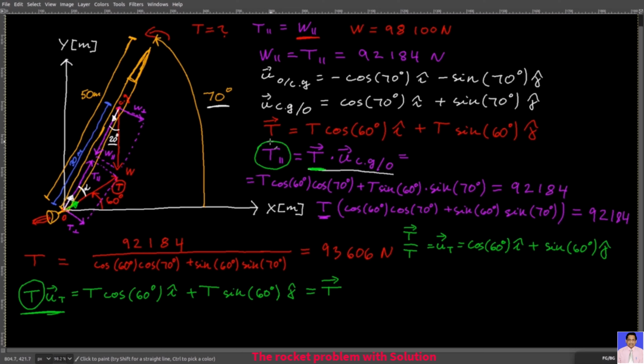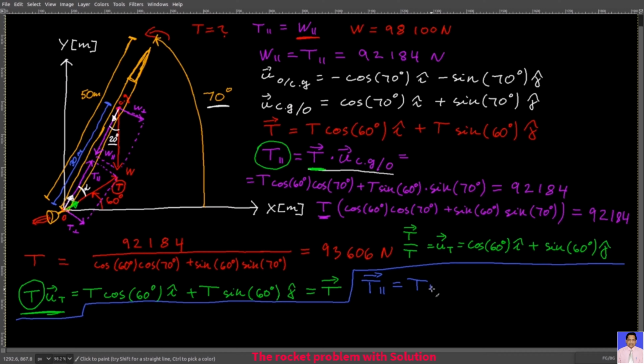So let's say that now, I want to take this T parallel, which is a magnitude, along the rocket, and I want to decompose this T parallel into its x and y components. So I need to do something like this. T parallel vector equals the magnitude of T parallel times this general unit vector, this one here, that points in the same direction like the T parallel vector.